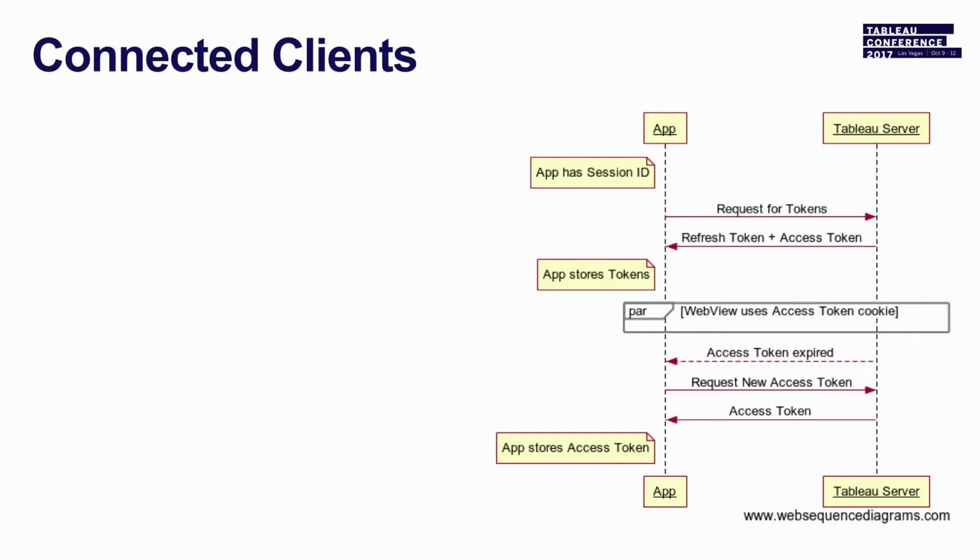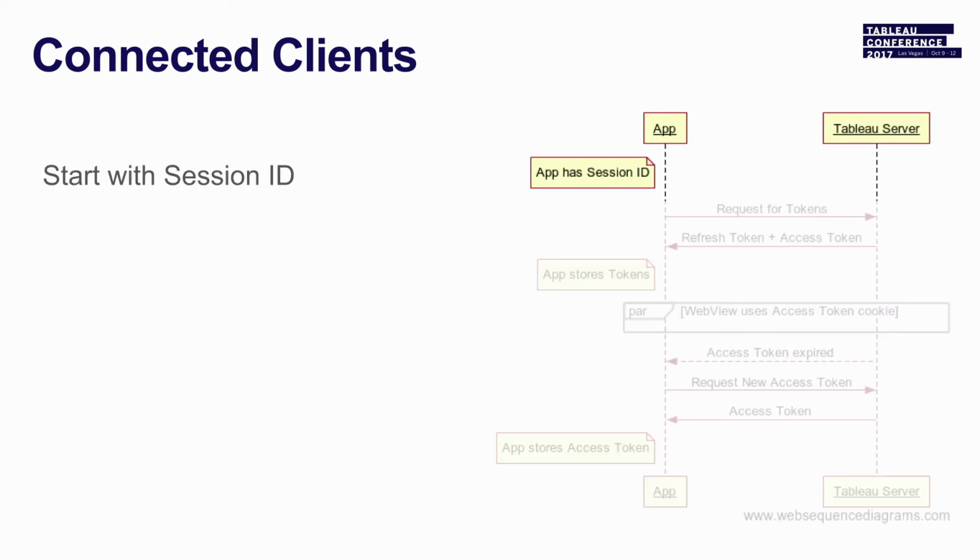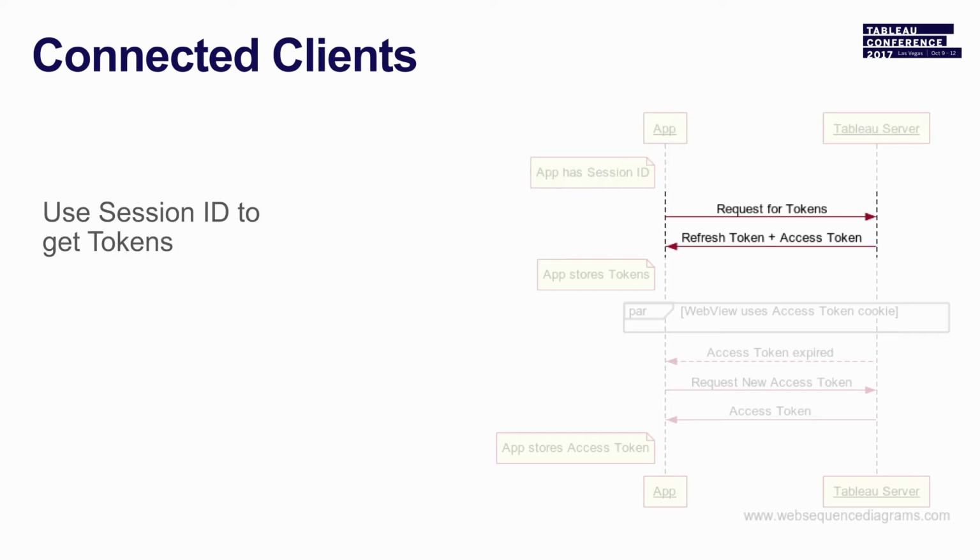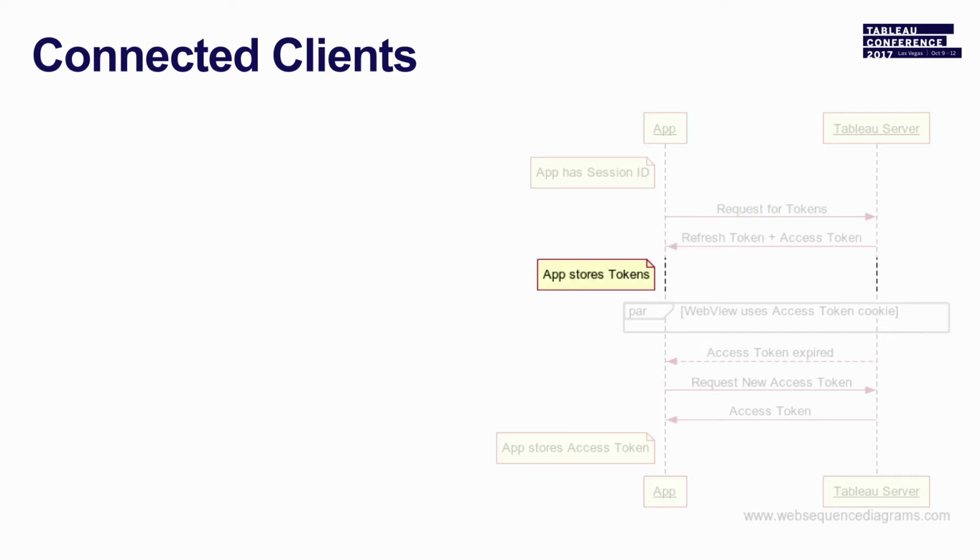And we start with a session ID that we got before, and using that session ID, we can get a couple of tokens, a long-lasting refresh token and a short-lived access token. The app stores those tokens for later use, so if the user reboots their phone, when they bring the app up, the app has those tokens stored off, and the user can pick up where they left off.